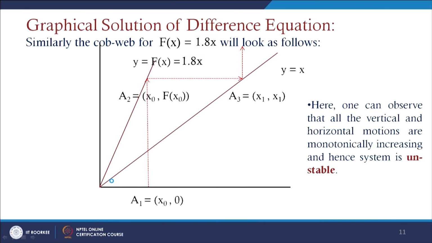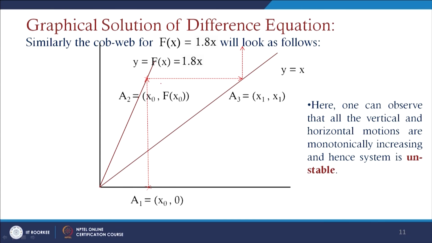Now if you go for a similar solution for a function like f of x equals 0.8x here, this f of x equals 0.8x lies above the line y equals x. If you consider x0 as a point on this axis, the corresponding functional value along the function y equals f of x will be x0 and f of x0.